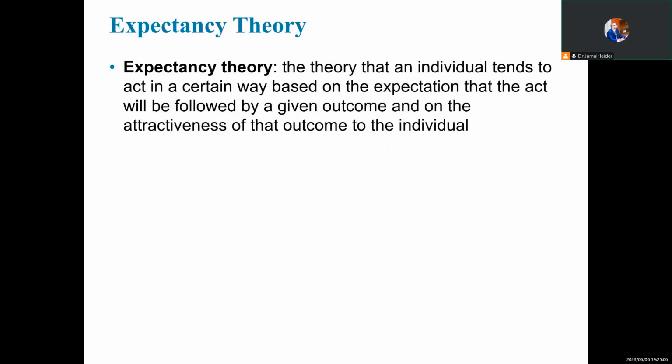The next, emerging theory is the expectancy theory. As its name implies, individuals tend to act in a certain way based on the expectation that the act will be followed by a given outcome and on the attractiveness of that outcome to the individual.